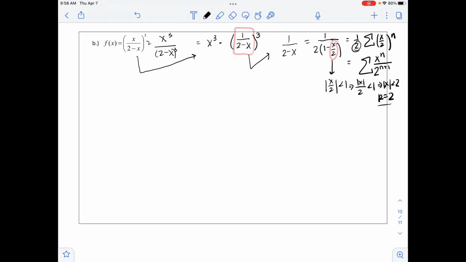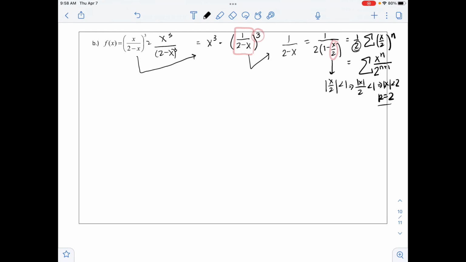And so the issue that we have here is that I don't just have 1 over 2 minus x. It's raised to a power. It's raised to the third power. So in order to get this third power, I'm going to take a derivative.